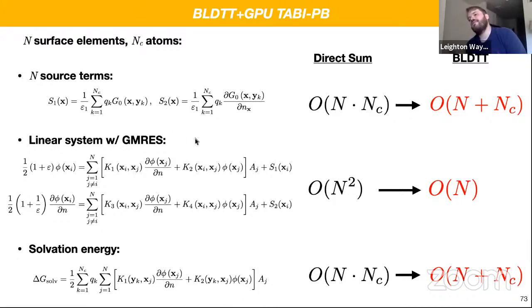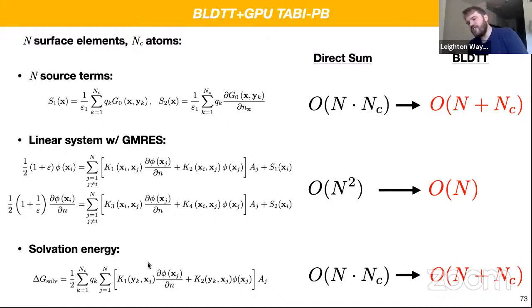In this case, the linear system, the GMRES, they are the same. The source and the target particles are the computational elements. With the source terms here, we have as our source particles the atoms, but we have as our target particles the computational elements.